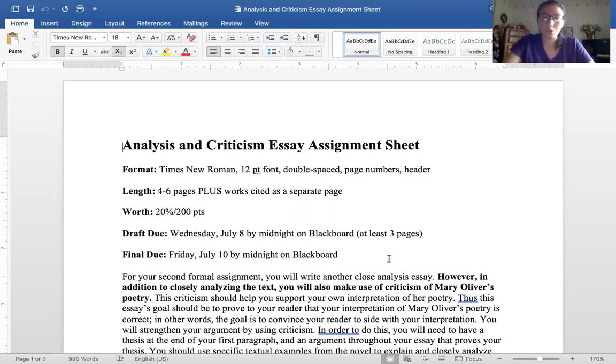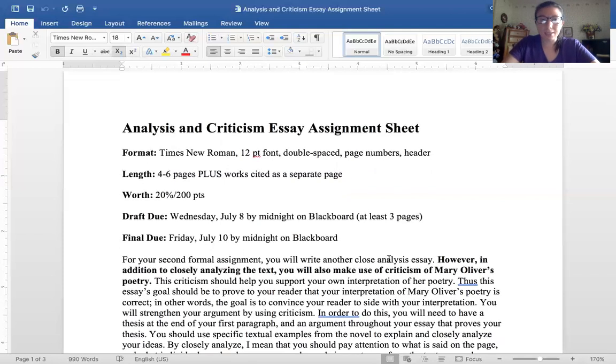You can also go to, and I believe there's a link on our Blackboard site on the main page, Purdue OWL. Look at their MLA style guide, and they have an example of how to do a works cited page. I also am going to provide the full citation for you for each of the 2 different articles that we're going to read about Mary Oliver's poetry. So you don't have to worry about doing that yet. That comes a little bit later.